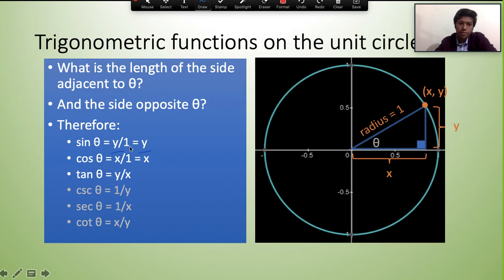So this is the y. And cos theta is x, because adjacent divided by hypotenuse, adjacent is x divided by 1, so that is x, which is actually this point. Because from here you go and then you go here, the coordinate of this point will be x comma y.